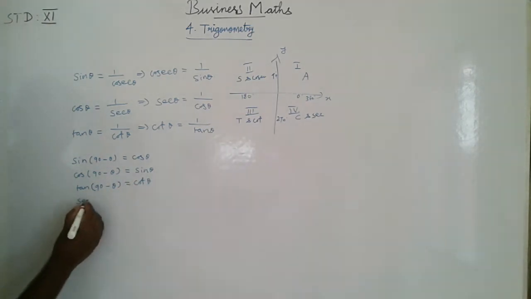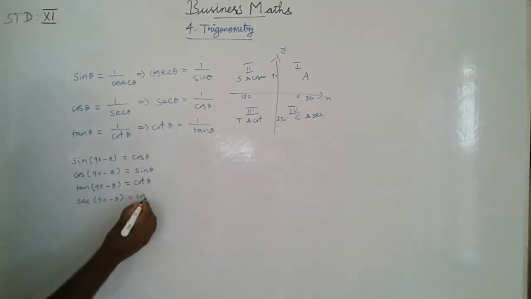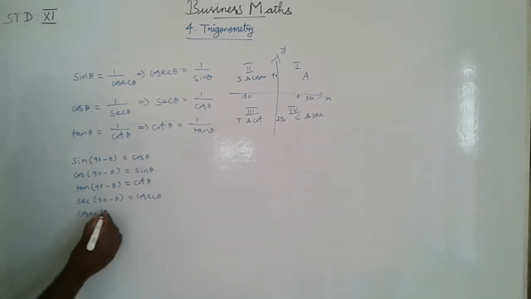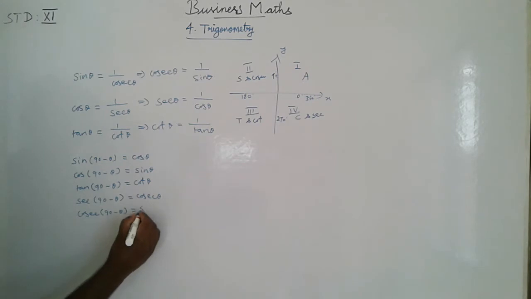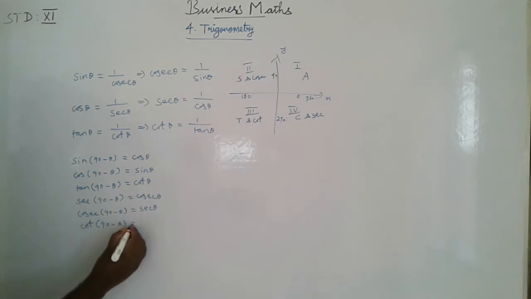Secant of 90 minus theta equal to cosecant theta. Cosecant of 90 minus theta equal to secant theta. Cot of 90 minus theta equal to tan theta.